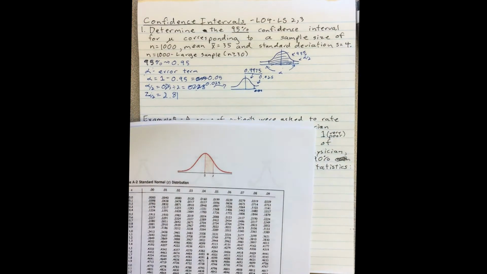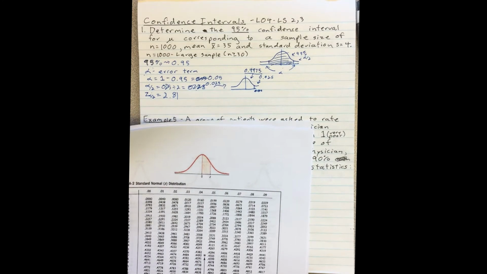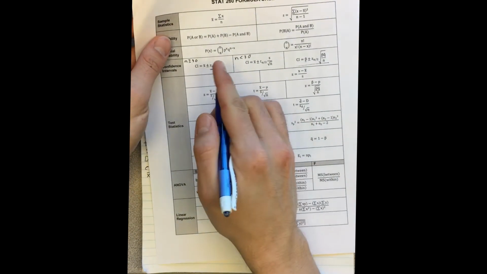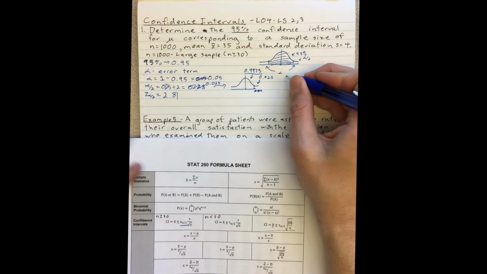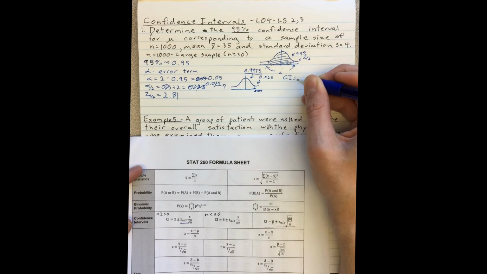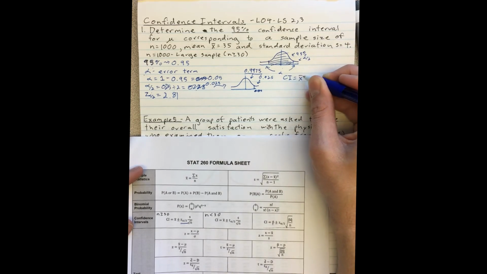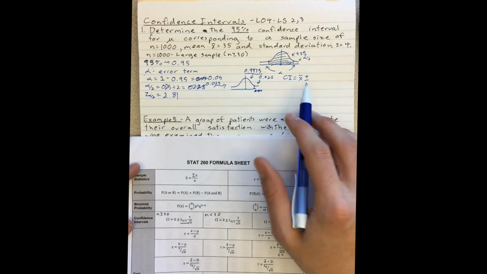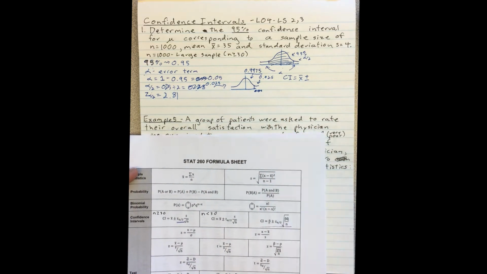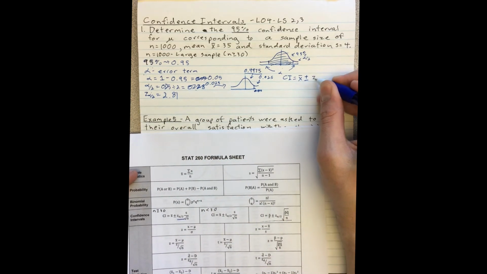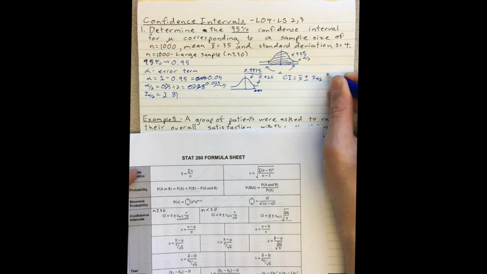So then when I construct the confidence interval, I use the formula that I had on the chart over here, and I'm just going to put it over here. So I have CI equals x bar plus or minus z alpha over 2, s over the square root of n.